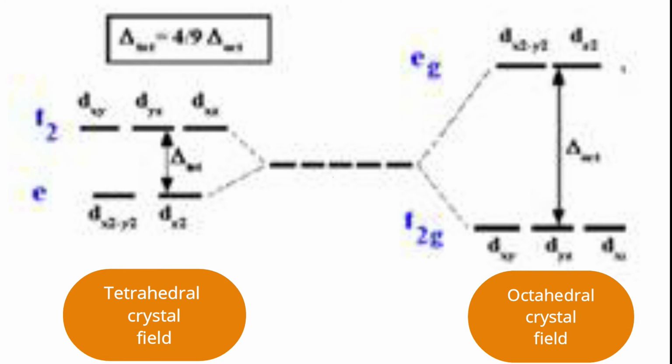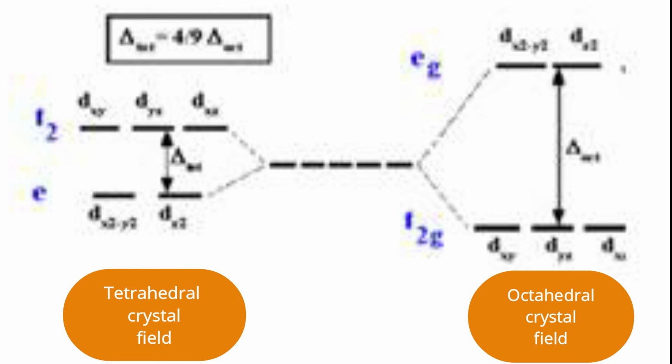From this diagram, it is very clear that delta O is larger, or I can say delta T is smaller, and mathematically it can be represented as delta T is equal to 4 by 9 delta O. It is a rough approximation between the splitting parameters. Conclusion: tetrahedral splitting parameter is less compared to octahedral.